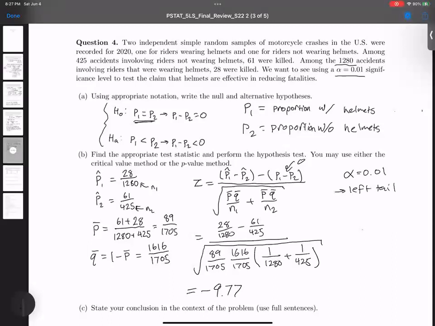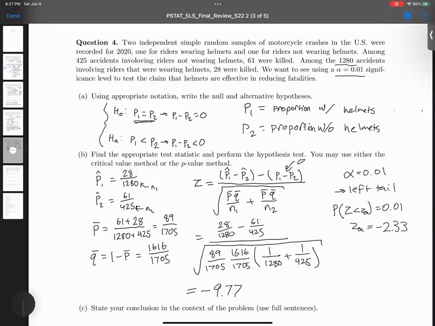So because this is a left tail test, we're thinking of this 0.01 being all in the left tail. So we could find the value by going to the z-score such that the probability of Z being less than z is equal to 0.01. If we do that, I'll write the z sub alpha here. Z sub alpha is equal to negative 2.33.